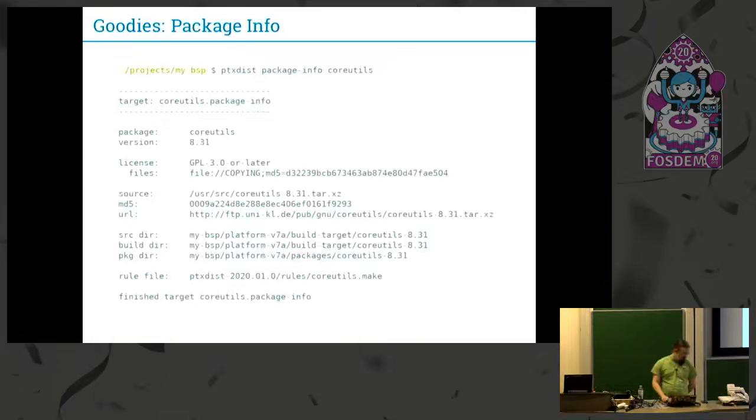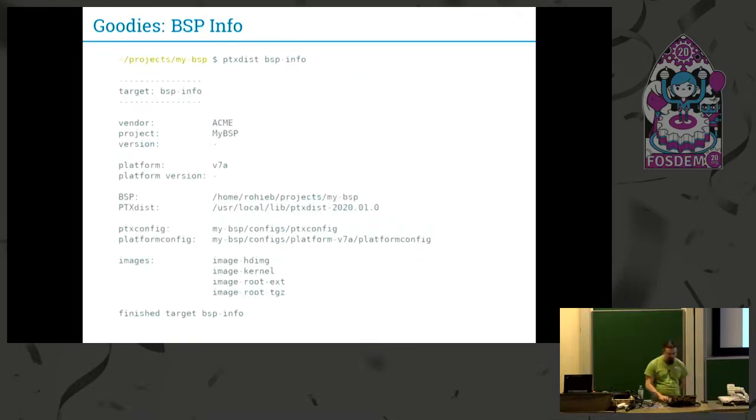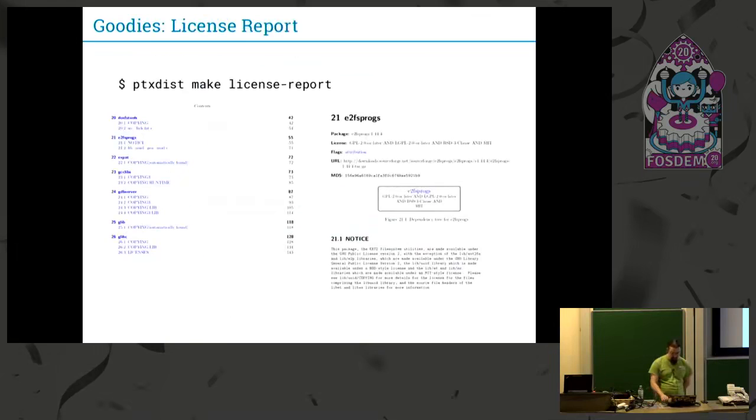Some more goodies which got added in the last stage. There is now a command to give information about one package and one to give information about your BSP. And as I already mentioned, there is the license report, which basically collects all the information from the kernel, from the package recipes and dumps them into one big PDF, and also extracts all the copyright files.